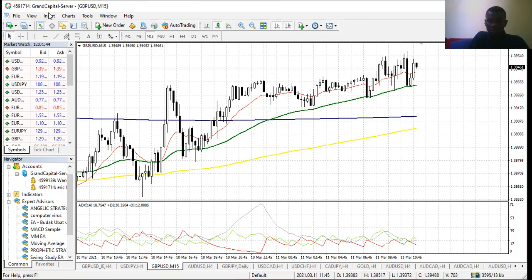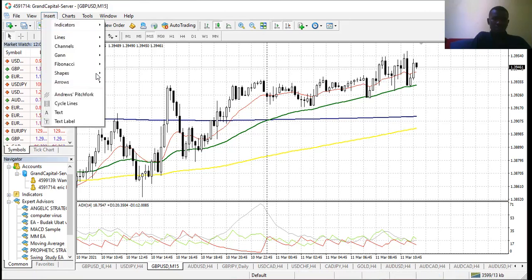So if the trend continues in such a way, we expect price again to retest this zone. I don't know how I should show the zone. Maybe I can use a shape, maybe a triangle or even a rectangle. Let me check. Rectangle. Okay.